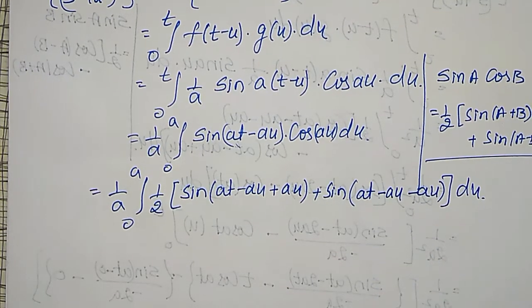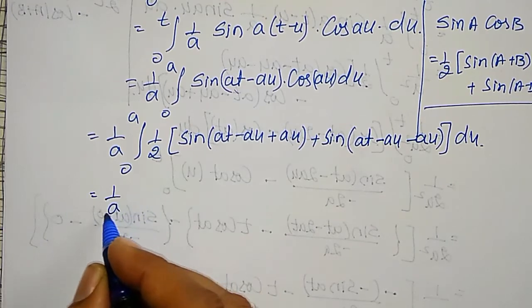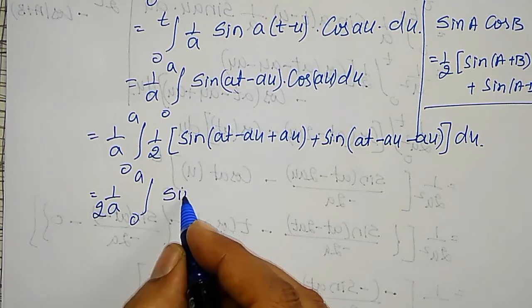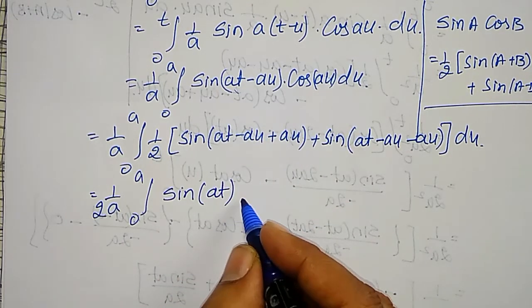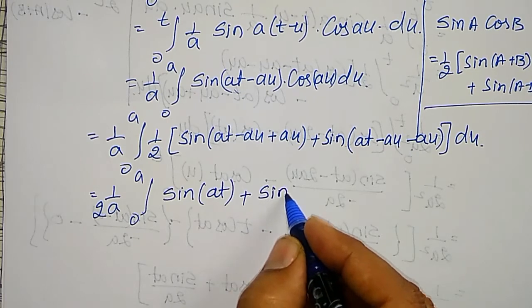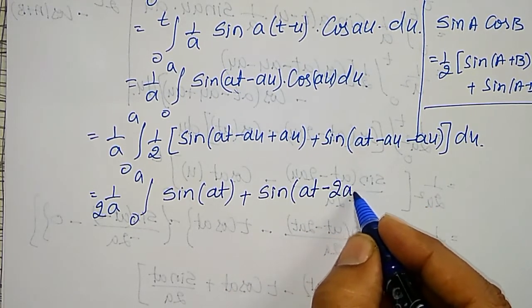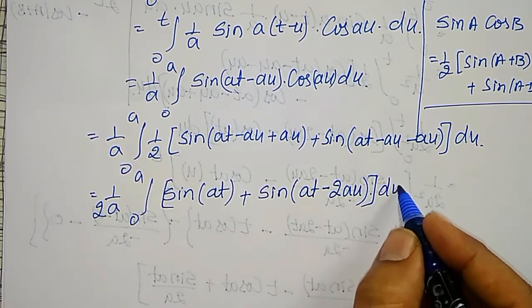This one I have to integrate. Before that integration, let me simplify, then integrate. 1 by a, the 2 also I'll take outside, 0 to t, sin of au cancels here, sin at will remain, plus sin of (at minus 2 times au), into du.